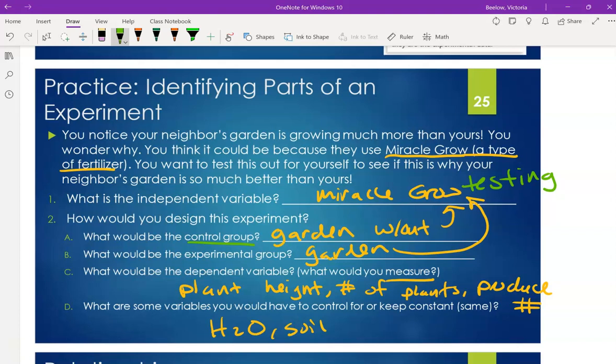So that would just be regular old, what you had before, your soil, nothing special about it. Versus the experimental group would be the garden that is getting the Miracle-Gro, what you're trying to test. And then the dependent variable, that could be a lot of things that you could measure.